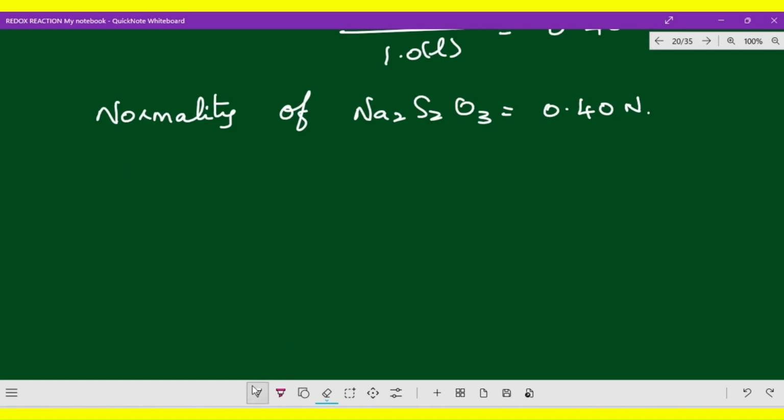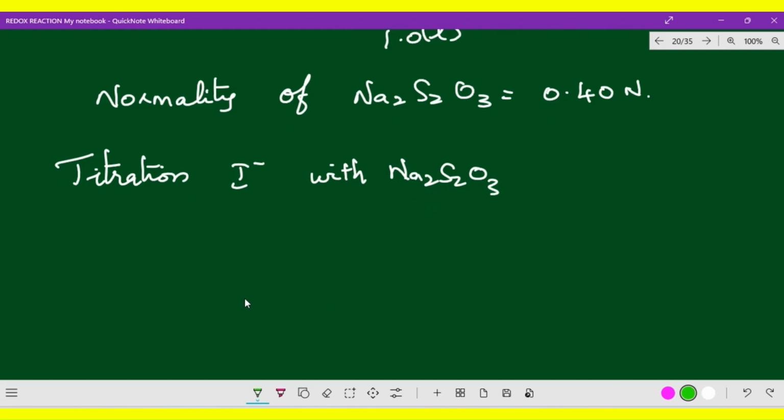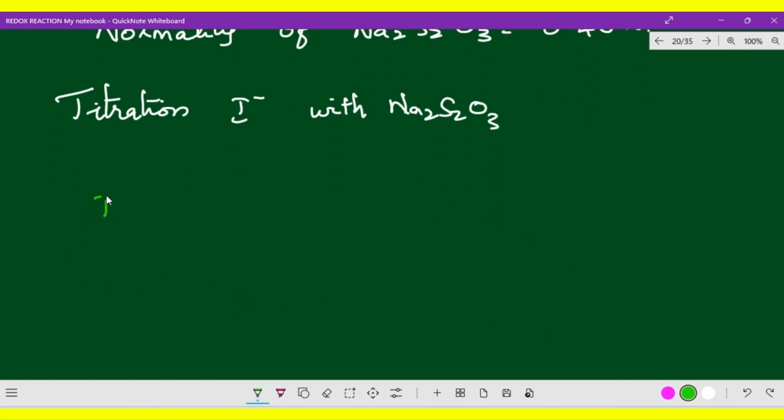Okay, so here, titration against I minus with Na2S2O3. Now this one we have to check, the reaction. Here I2 plus S2O3 2 minus gives 2I minus plus S4O6 2 minus. Right.